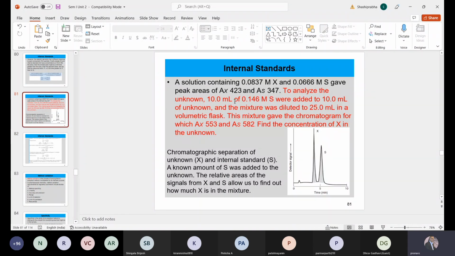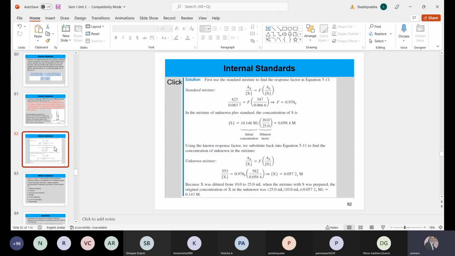To analyze the unknown, 10 ml were added to 10 ml of unknown. तो हमने सिर्फ 10 ml में डाला था, तो 10 ml ये 25 ml का आया, यानी इसमें वॉल्यूम करेक्शन लगाना होगा। 0.057 से ज्यादा कॉन्सेंट्रेशन होना चाहिए, क्योंकि ये तो 25 ml में है, तो 10 में कितना होगा?